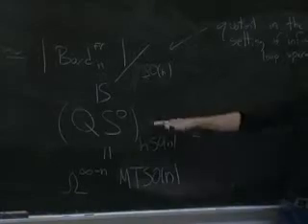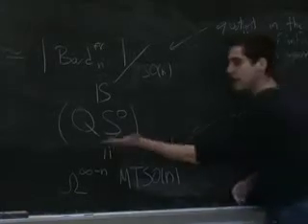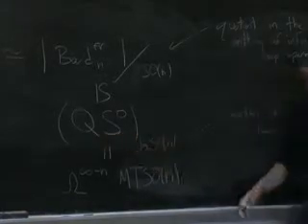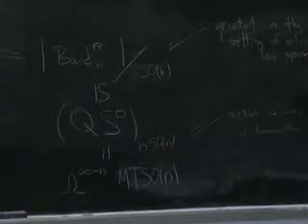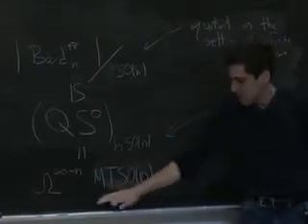This is just a name for what you get if you do this construction. If you take here the stable sphere, and then you let SON act via the J homomorphism and take co-invariance, well, you get something, and that something gets the name of MTSON. Okay, so now we're in good shape.